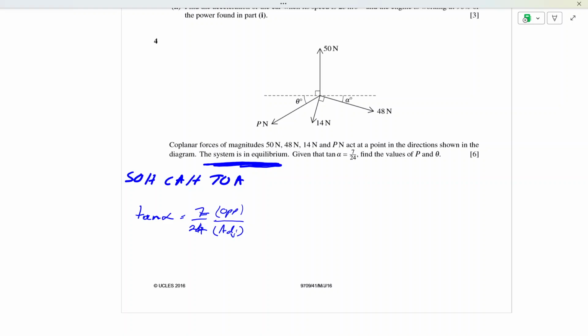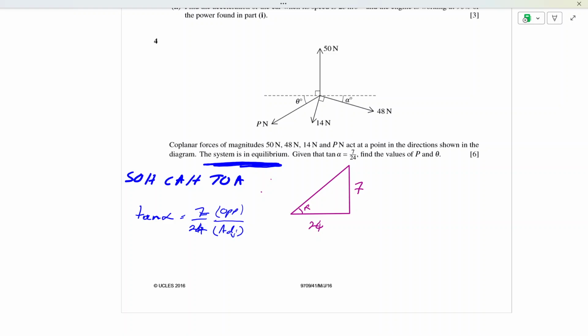So we can make a triangle because of that. We can draw a triangle like that. Okay, and then it's going to have our angle here of alpha, and our opposite is going to be 7, and this is going to be 24.